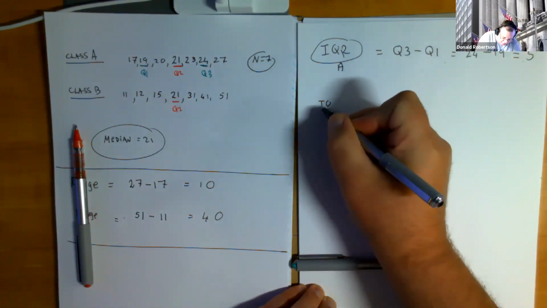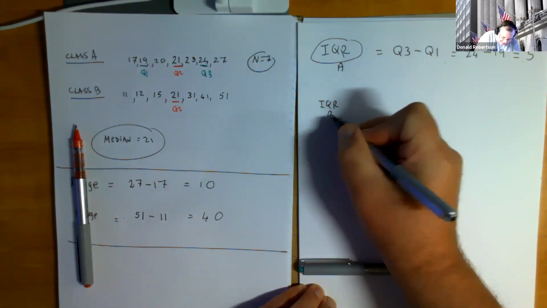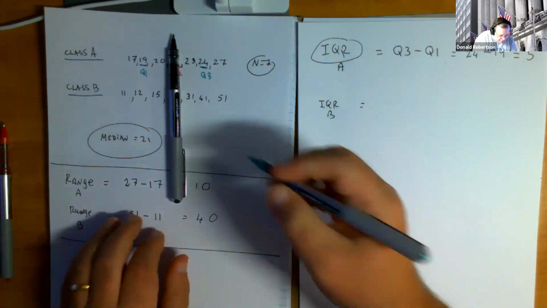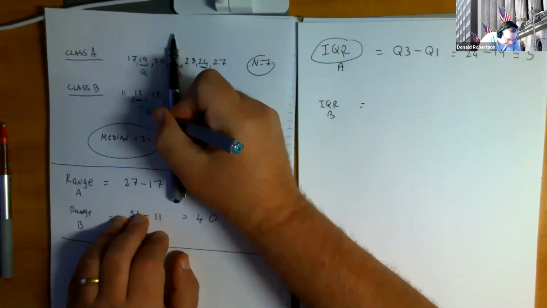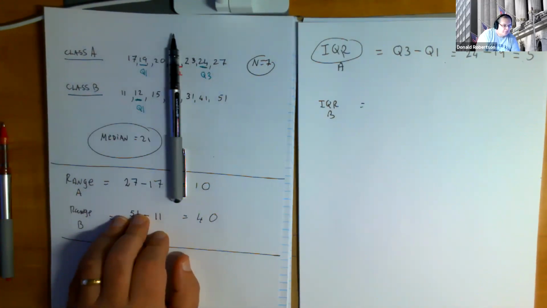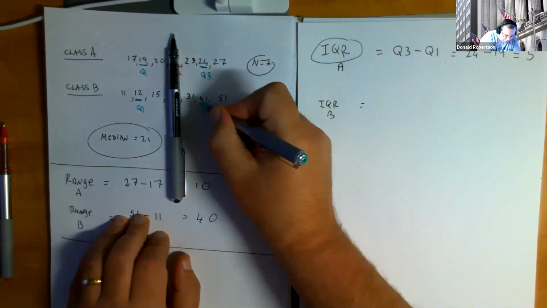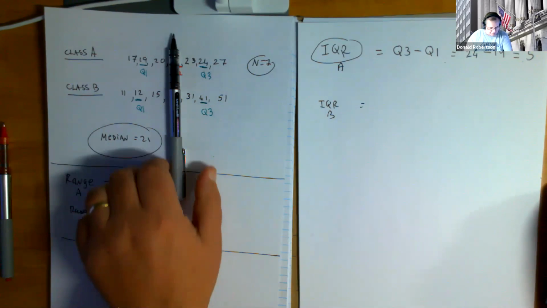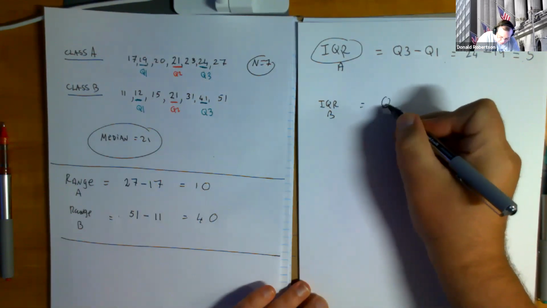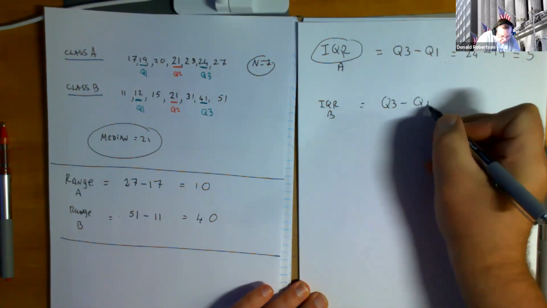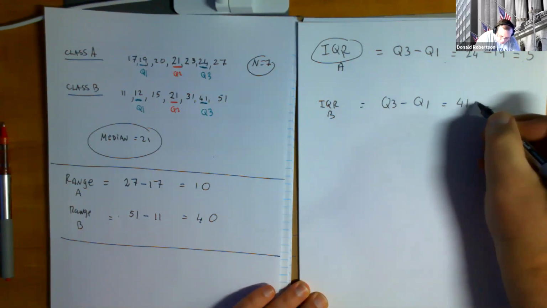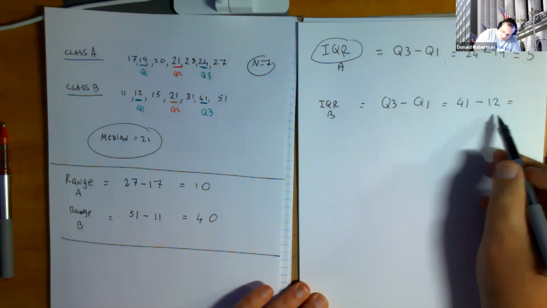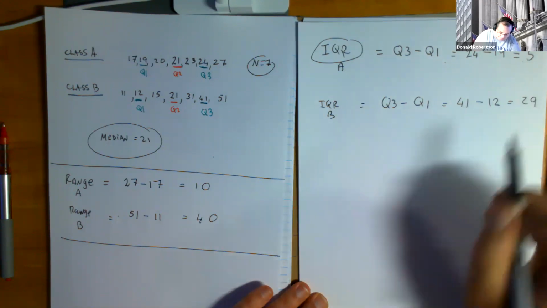If we find the interquartile range of B, well, cover it up. This one is the middle of the little numbers, so it's called Q1. And this number here is the middle of the big numbers. If we do Q3 take away Q1, we have 41 take away 12, which is 29.